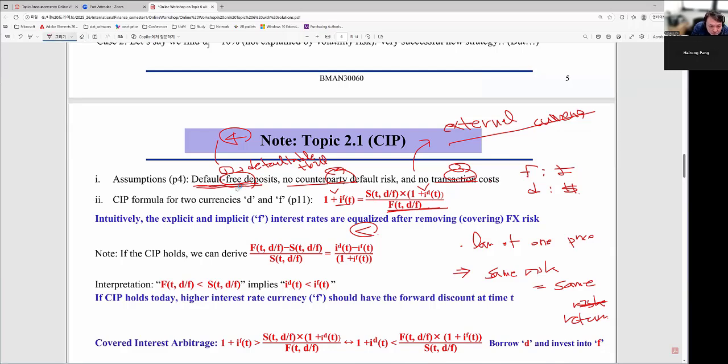Maybe the risk with this one and this one could be different. Then high risk, high return, meaning we may expect to see this. If you see higher risk for this one, then the right-hand side should give you a higher return. In the other case, if this one has a higher risk, then this return should be bigger than this one. So even though we have CIP violations with this inequality, that's a natural thing because we have different risk, because one of the assumptions is not true, right?